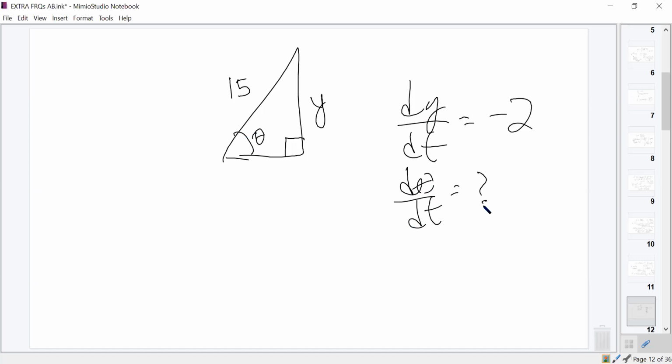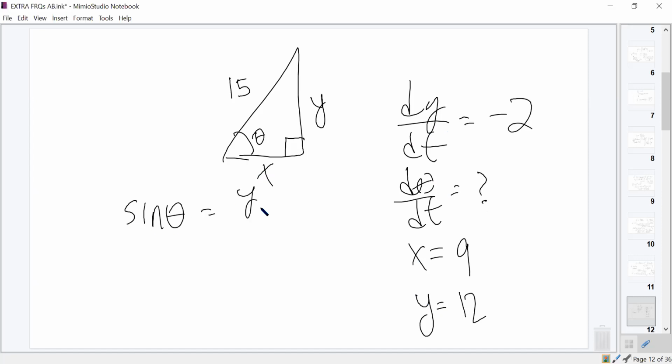And then we're interested in that when x is 9. Okay? So we should be able to find what y is. Y ought to be 12, just using the Pythagorean theorem. And so if we want d theta dt, we just need to relate the y with, let's say, the hypotenuse. So we could say that the sine of theta is y over 15. And then we'll take the derivative of both sides with respect to t.